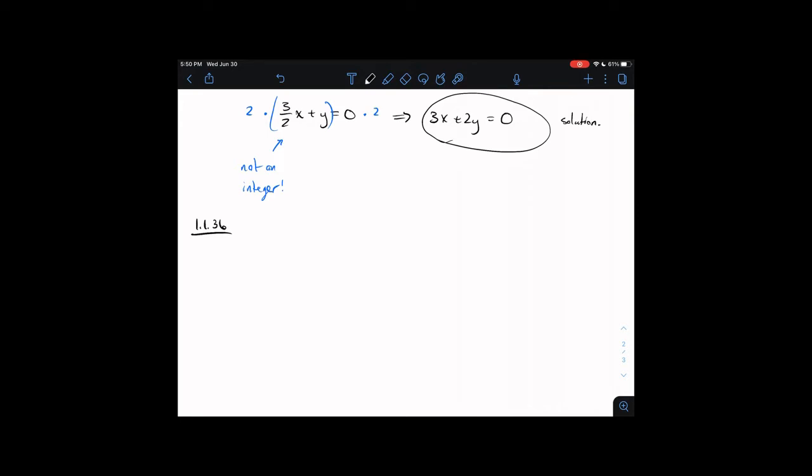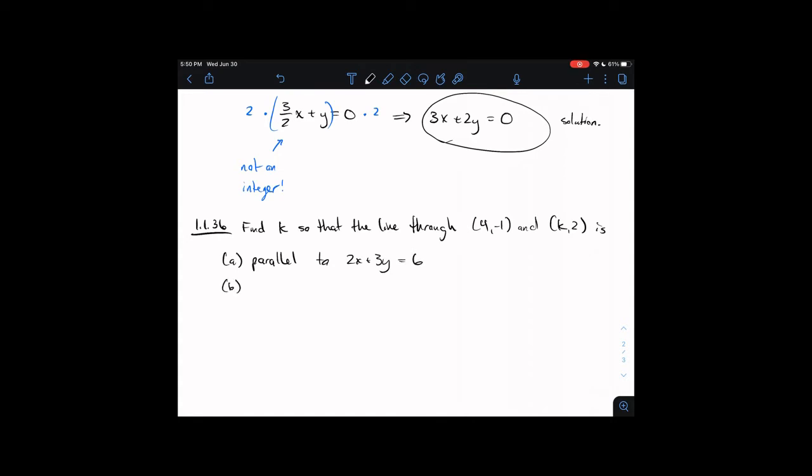This question says, find K so that the line through the point (4, -1) and (K, 2) is, first, parallel to 2x plus 3y equals 6.